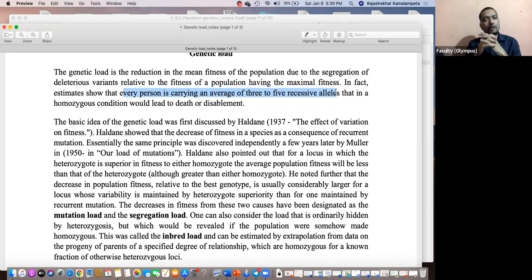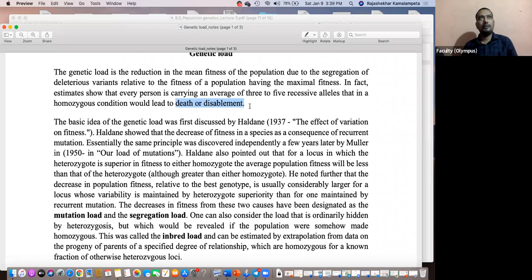So on average, all of us seem to carry about 3 to 5 alleles in us, which in homozygous condition can be detrimental to us, can cause death or can cause disability. When we have this type of alleles in us, we do compromise our survival. So on average, we may carry about 3 to 5 such alleles.